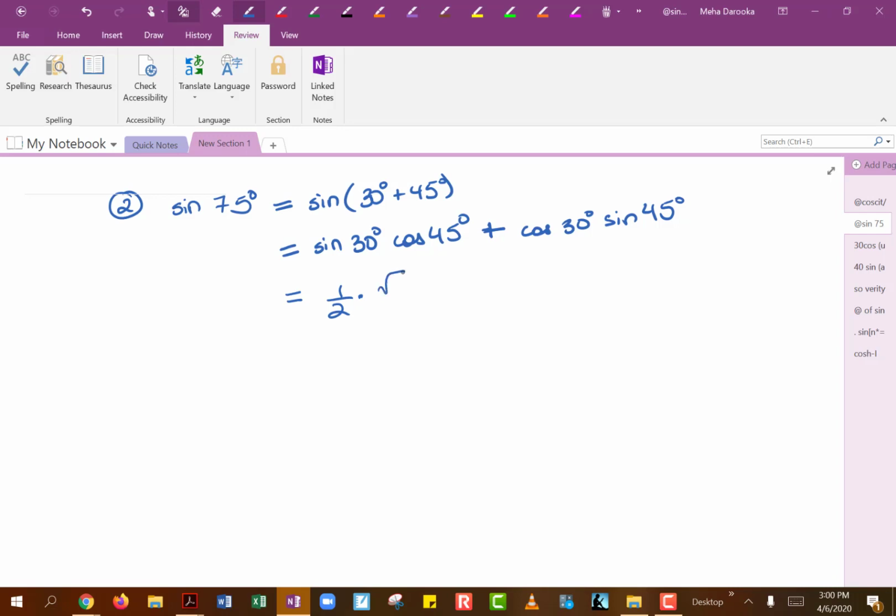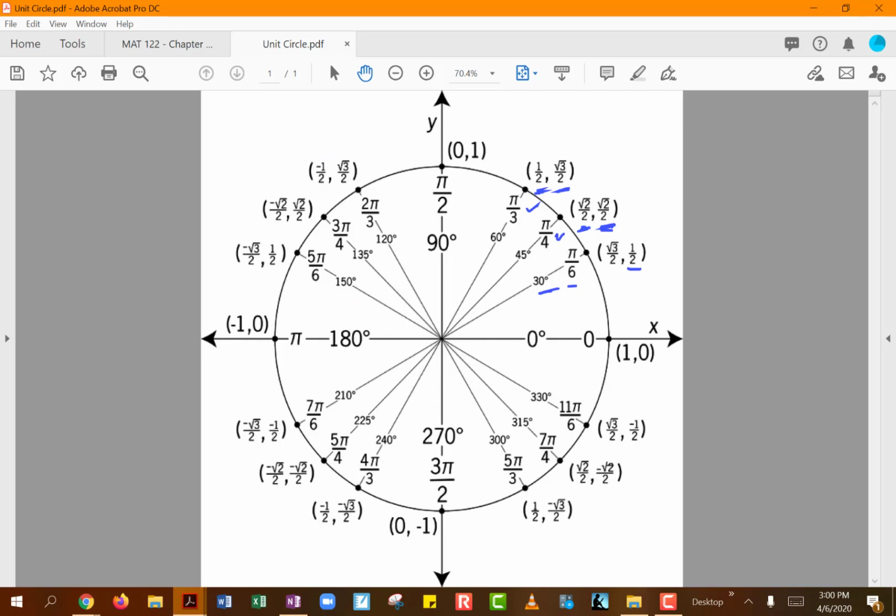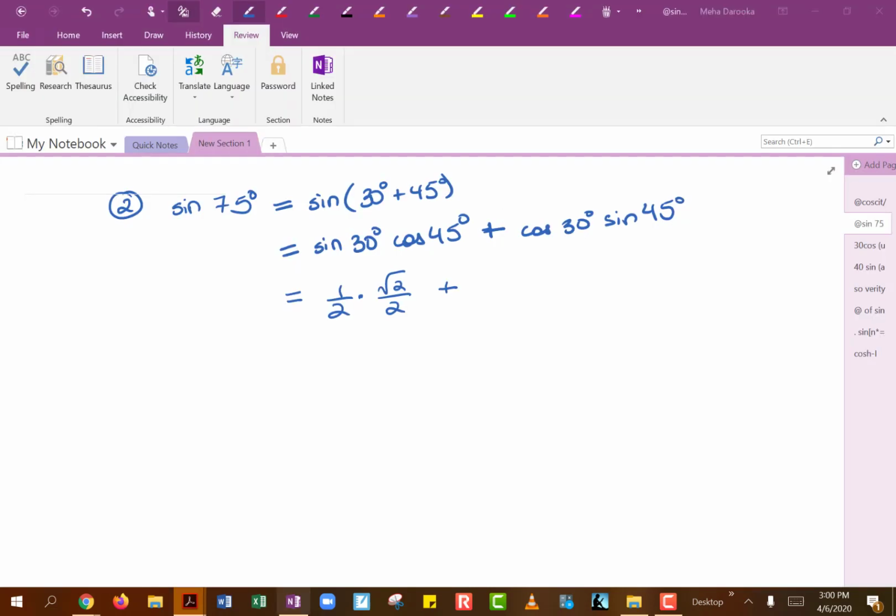Cosine of 45, square root of 2 over 2. Plus, for the other side, cosine of 30 is now going to be square root of 3 over 2, and then of course sine of 45 degrees is going to be square root of 2 over 2. So this side will now become square root of 3 over 2, square root of 2 over 2.